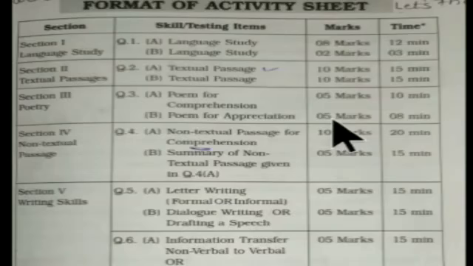You have to write all answers within 8 minutes. This means section number 3, the poetry section, question number 3, is for 10 marks and you have to attempt it in 18 minutes.